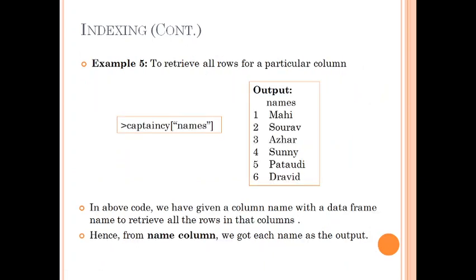this is the case of name indexing. Now suppose we want to retrieve all rows of a particular column, let's say names, meaning from a data frame, we want the names of all players who exist in that data frame. As we know, the names of players exist in the column names, so we can give that column name as an index to the data frame. So here captaincy is the data frame and names is the name of the column which we want to get displayed.